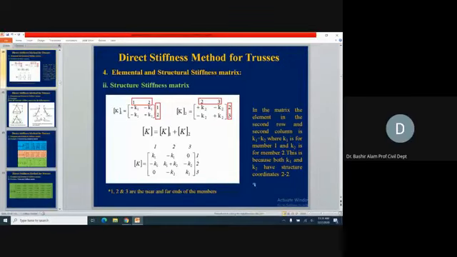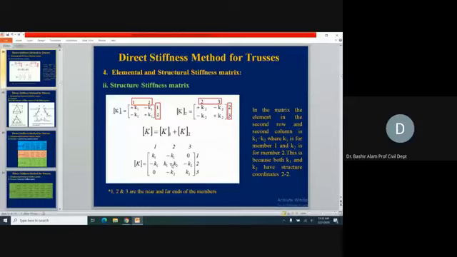All this process you can see here at the right side in the orange color. In the matrix, the element in the second row and second column, this position we are talking about, is K1 plus K2, where K1 is for member 1 and K2 is for member 2.